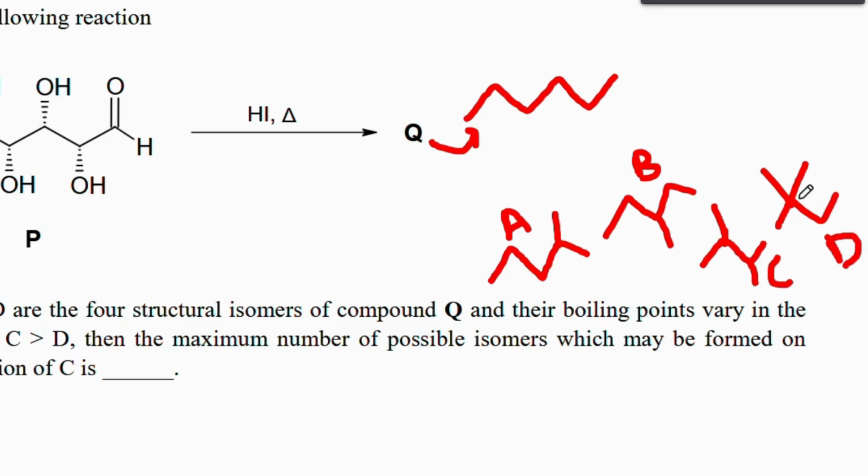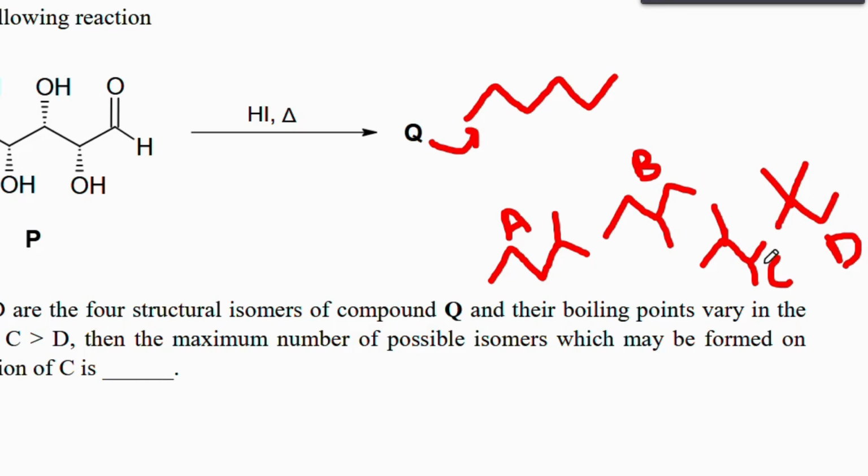Now, the point to be noted here is the difference between the boiling points of A and B and C and D is not very significant. They might be of just the order of 7 to 8 degrees, but there will be a small difference surely. Even if we don't compare the boiling points of A and B, we surely know that the boiling points of A and B will be greater than that of C and D.